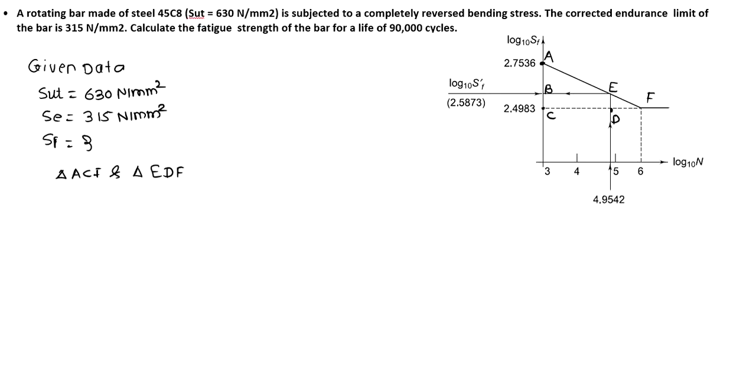Due to that reason, AC will be proportional to ED, and CF is proportional to DF. So I will write the ratio: AC is proportional to ED, and CF is proportional to DF.